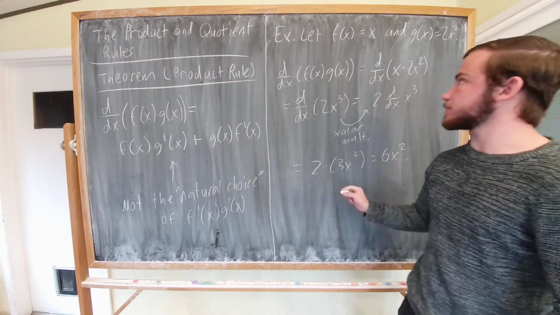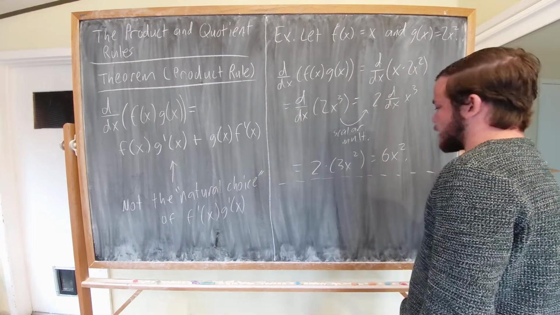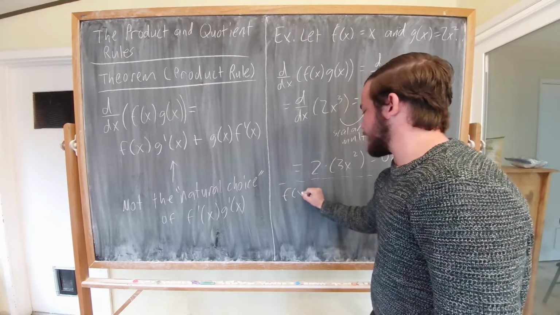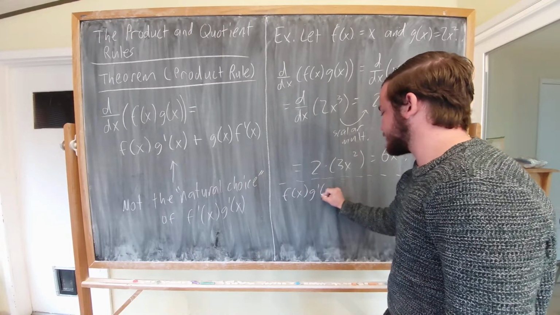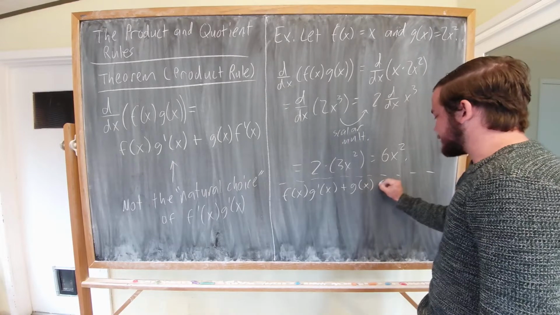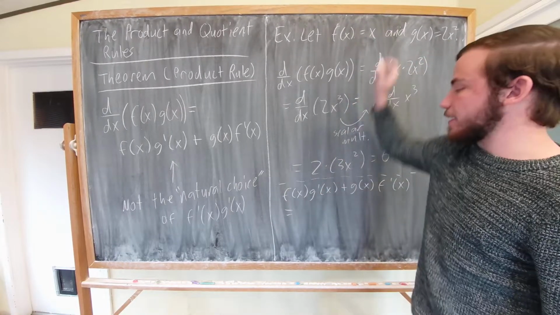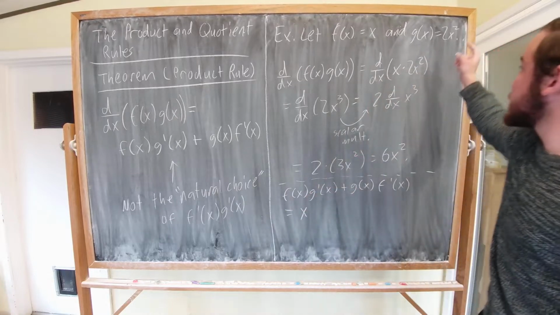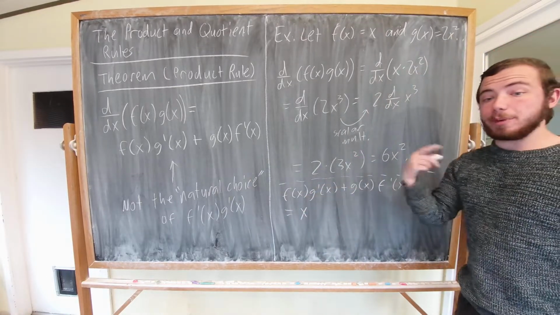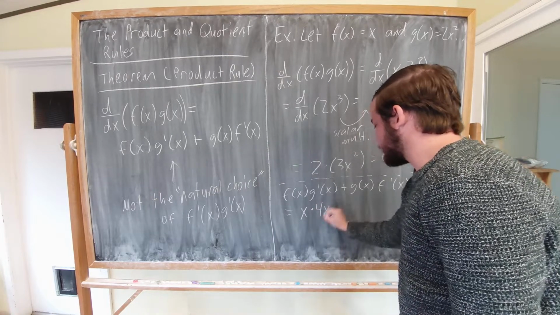Okay, so we now know what the derivative should be, and we'll see which one of these two rules gives it to us. Well, f(x) times g'(x) plus g(x) times f'(x) is equal to, okay, f(x) is x, g'(x), the derivative of 2x squared, will be 4 times x, right?